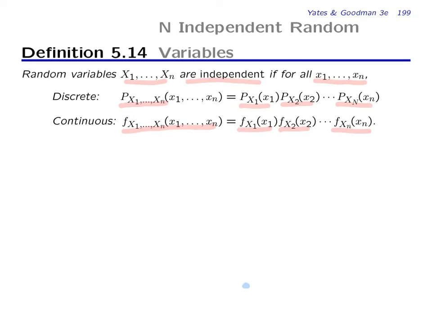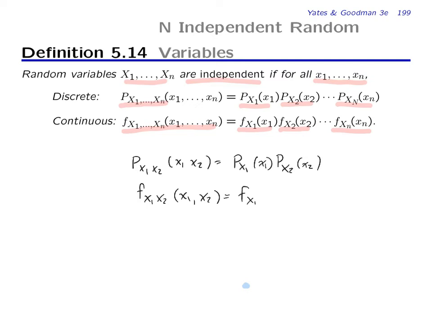So it's exactly the generalization of the joint PMF of x1, x2 being Px1 of x1 times Px2 of x2, or in the continuous case, the joint PDF of x1, x2 being the product of the marginal PDFs.